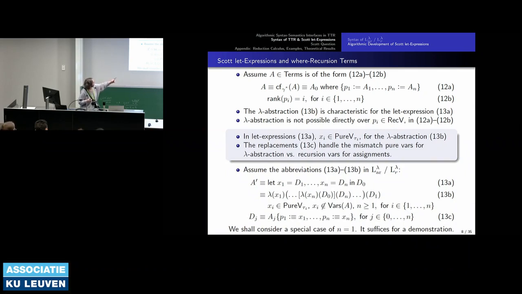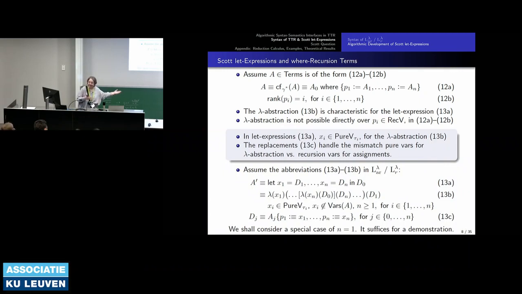So in 13a, each one of the Di is not directly Ai, but it is Ai in which those p1 to pn are substituted with x1 to xn, corresponding fresh new pure variables, and then I can abstract. So for expression 13b, if where expressions were equivalent algorithmically to 12a, then 12a and 13b would have to be algorithmically equivalent.